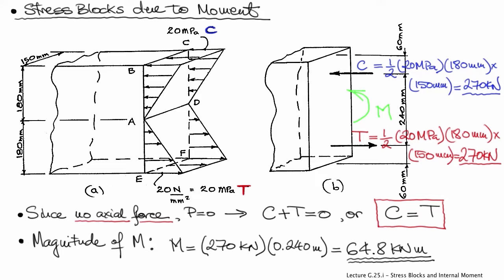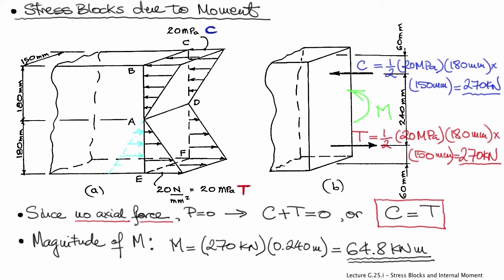So as you can see, these stress blocks, as shown in this picture, are equivalent to an internal moment in this beam member of magnitude 64.8 kilonewton meters.